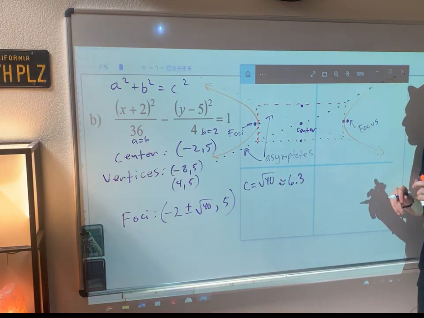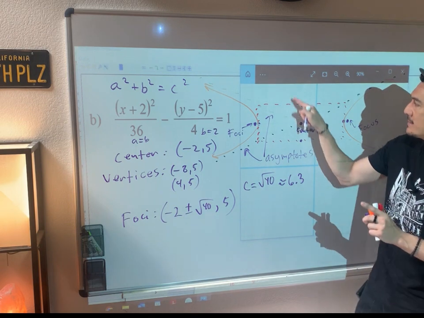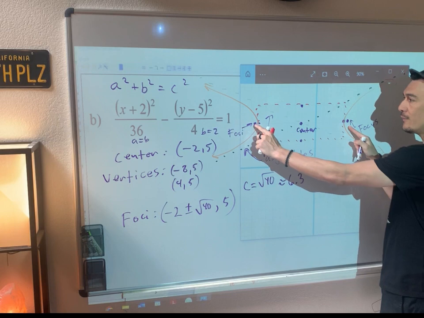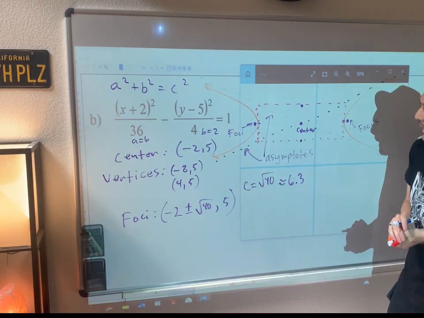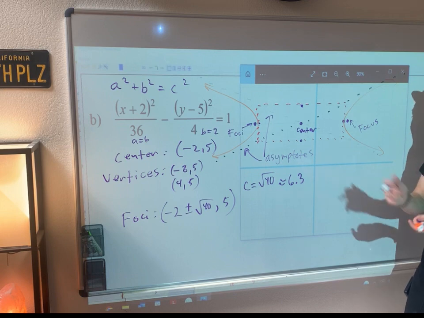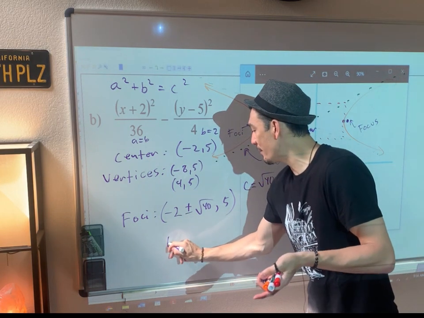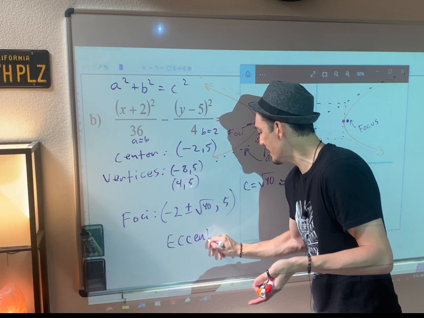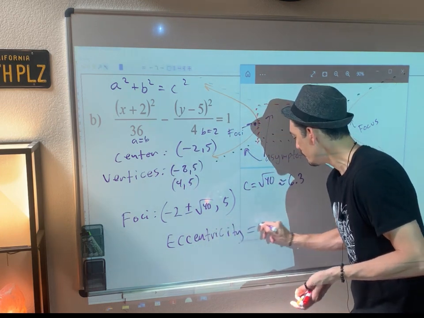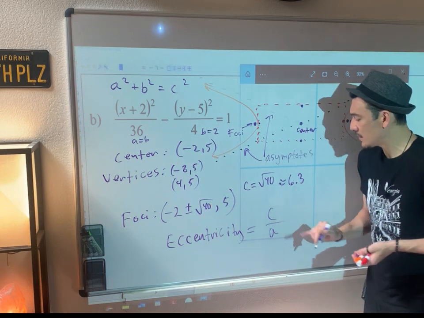So again, in summary, a hyperbola has a central rectangle, 2 asymptotes, 2 vertices, it has 2 foci, it has the eccentricity. We didn't do any problem with that one, but the eccentricity, you should jot this down, like the ellipse, it's also C over A.